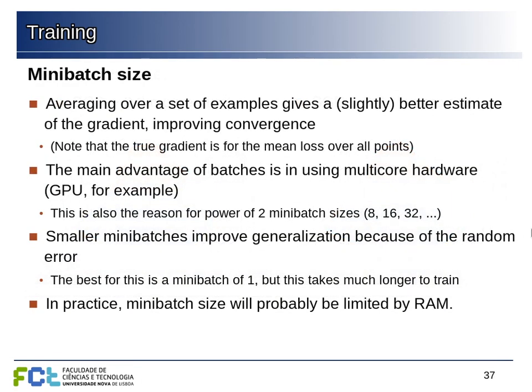Another thing that affects the speed of training is the size of the mini-batch. When we average over a set of examples, we get a slightly better estimate of the true gradient. Remember that the idea is to minimize the loss function on average for all possible examples. So if we use only one example, we don't have a very good estimate of that. If we use several examples, we get a better estimate.